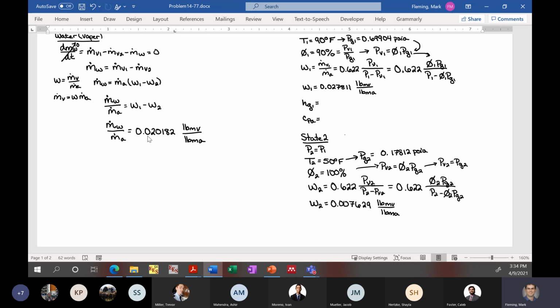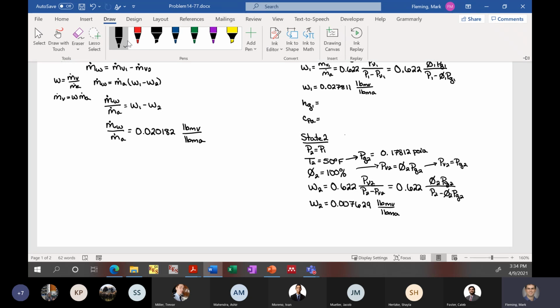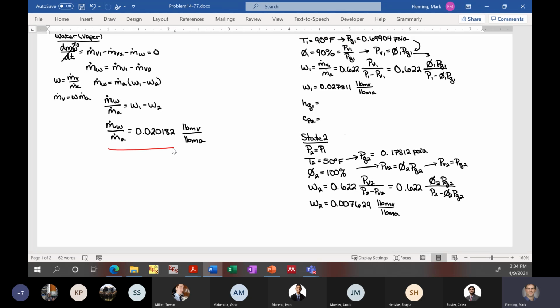It's kind of a weird way to think about it, but most of the mass flowing through our system is going to continue, because most of that mass was in the air. So we'll note that was the answer to part 1, and we can continue on.